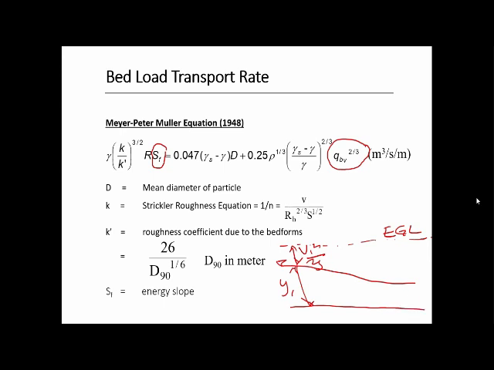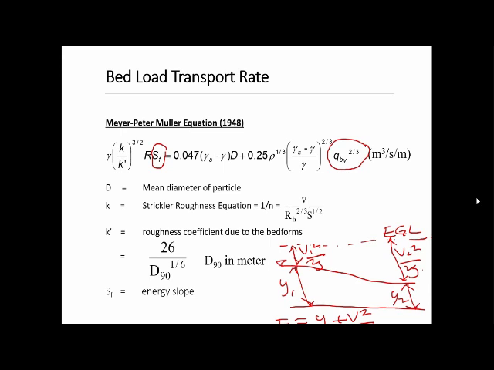And then downstream of the river, you ada Y2 and this one will give you the V2 squared over 2g. So we have learned from the specific energy that our E is equals to Y plus V squared over 2g. So this is the specific energy equation.